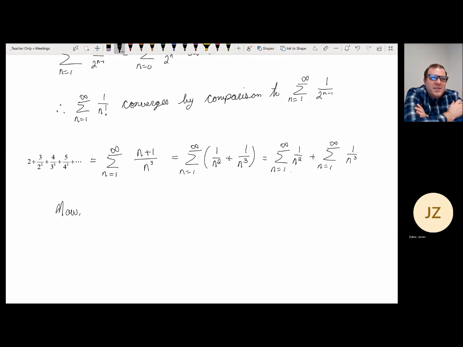First one is p-series with p equal to 2, that's larger than 1, so it converges. Second one, p is equal to 3, which is larger than 1, that converges.